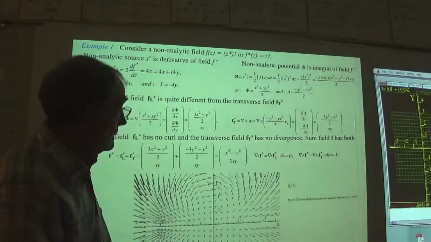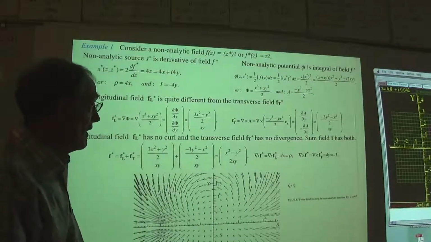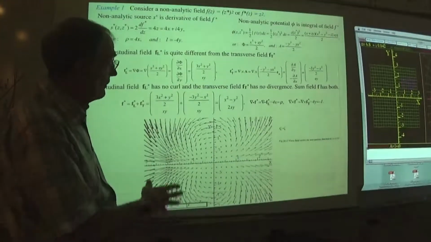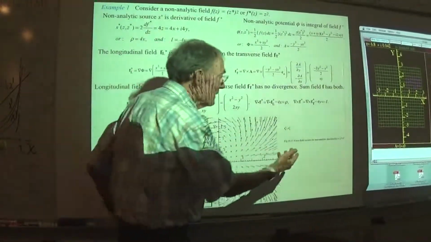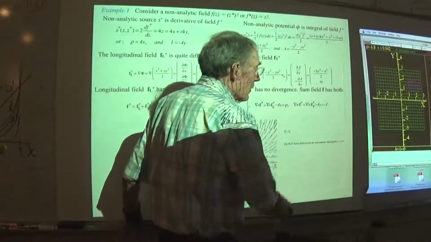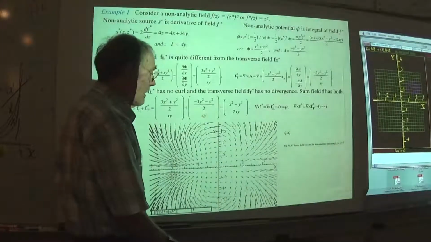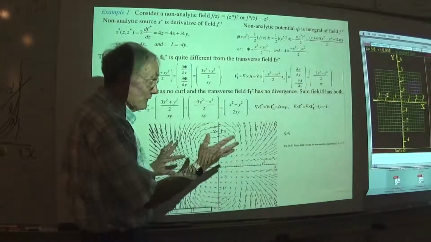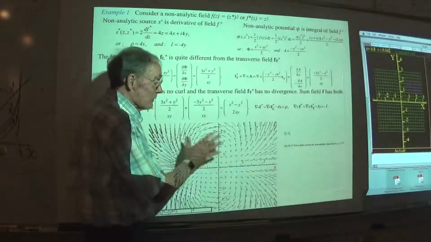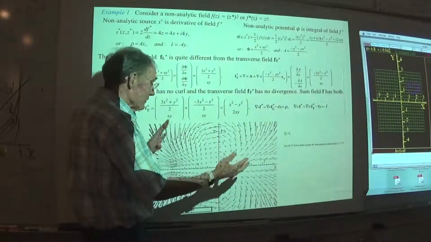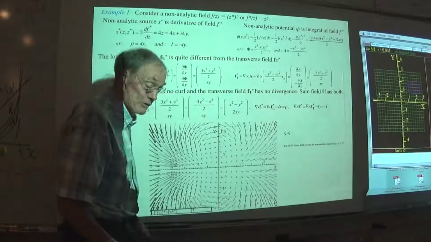And this is a picture of the thing. It's gnarly, and this isn't too different from what you get if you just took f equals z squared, except that f of z squared, the way we did it, was completely divergence and curl free. This has got divergence and curl all over the place.